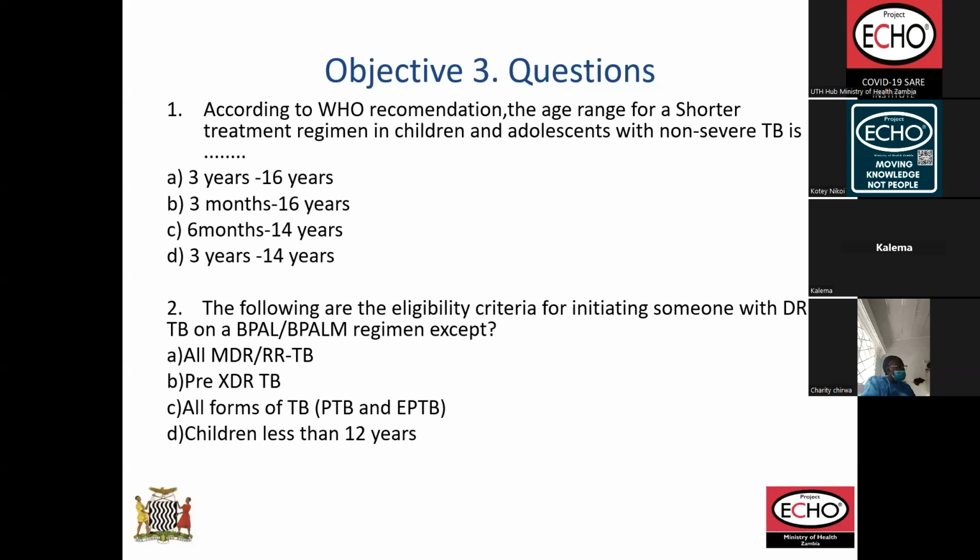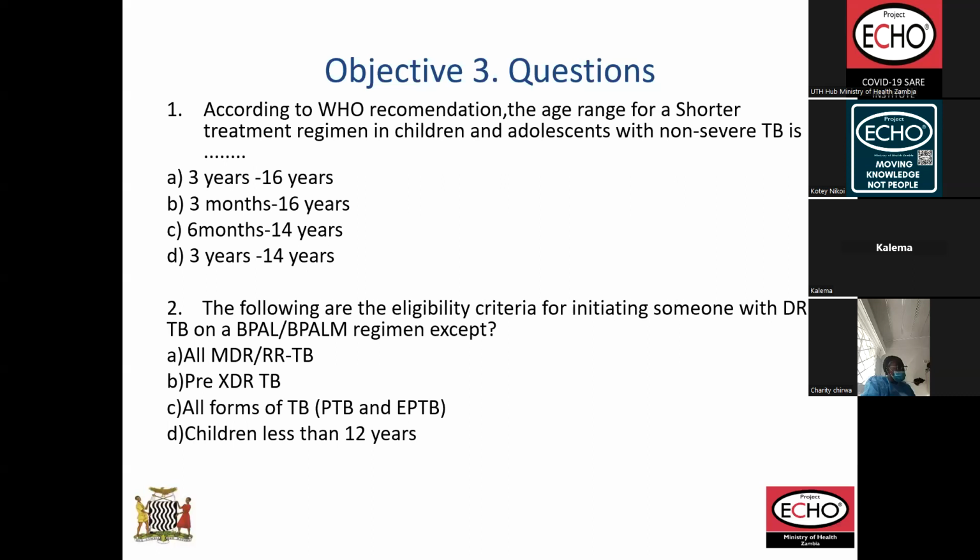The right answer, actually, is what WHO has recommended for the initiation of the shorter treatment regimen for children: the lowest minimum cut is 3 months, and the upper limit is 16 years. But I'll explain in the next presentation where programmatically we've moved from 16 years to 14 years.